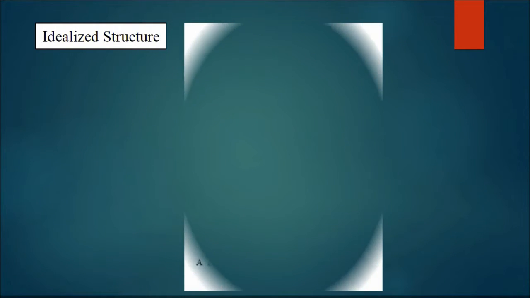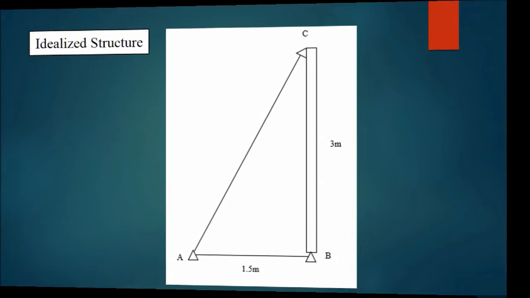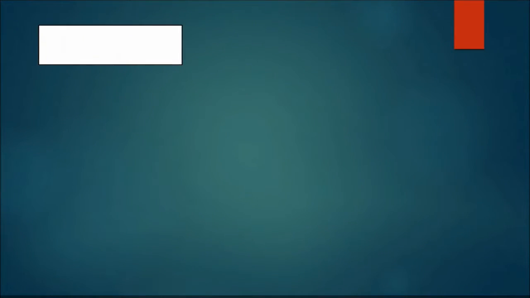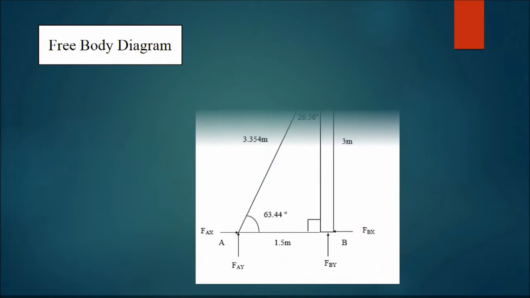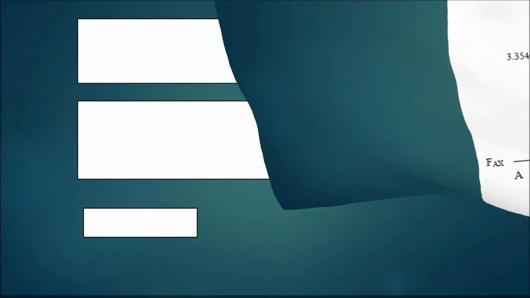Idealized structure. Free body diagram. AC squared equals 1.5 squared plus 3 squared minus 2 multiplied by 1.5 multiplied by 3 cos 90. AC squared equals 45 over 4.